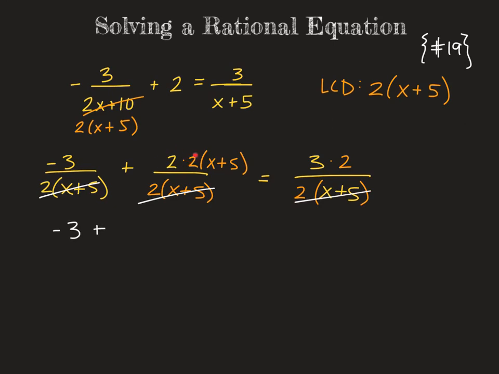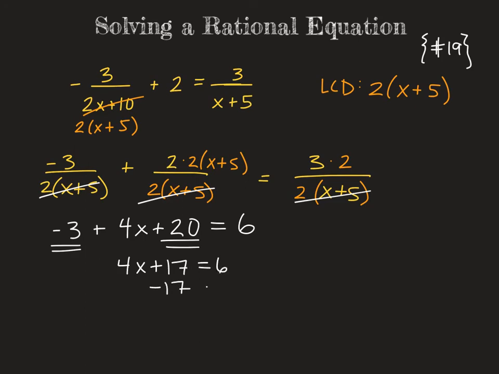Here we're left with a 4 times this quantity, so it's going to be 4x plus 20 when we distribute, and equals 6. Then we'll simply solve, so I'll combine these like terms over here, and then we'll subtract to get our final answer of negative 11/4.